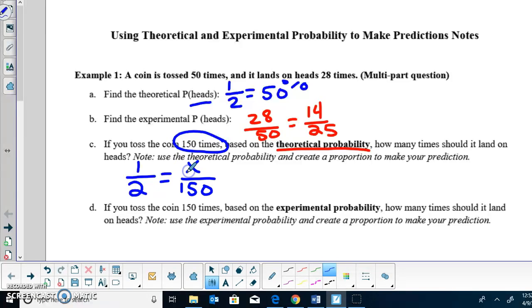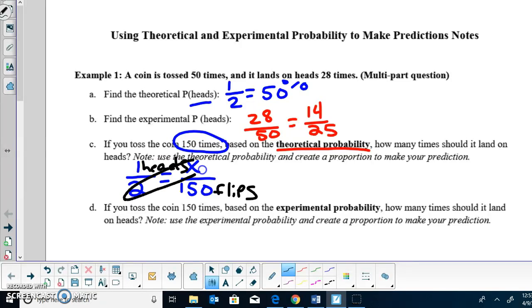And I'm looking for the number of times it should land on heads, so x over 150. Proportions, I told you to make sure you included the unit. So it would be 150 flips. And this is the number of times it lands on heads. So heads in the numerator, and then the total number of flips or outcomes is my denominator.